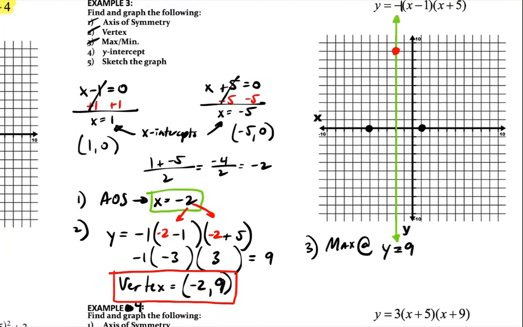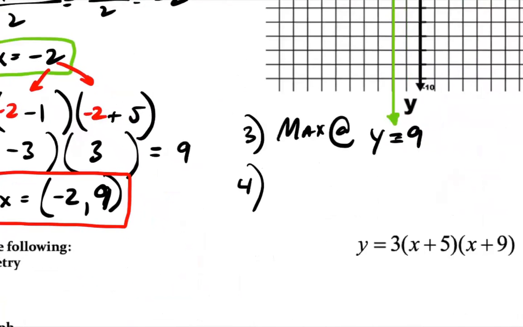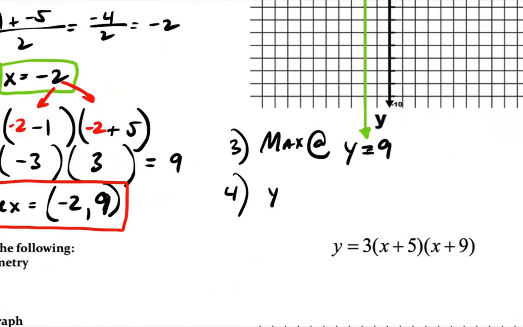The last thing we've got to do before we can graph is the y-intercept. We plug in 0 to the original. The original was -1 times (x - 1) times (x + 5), but instead of x, we plug in 0.